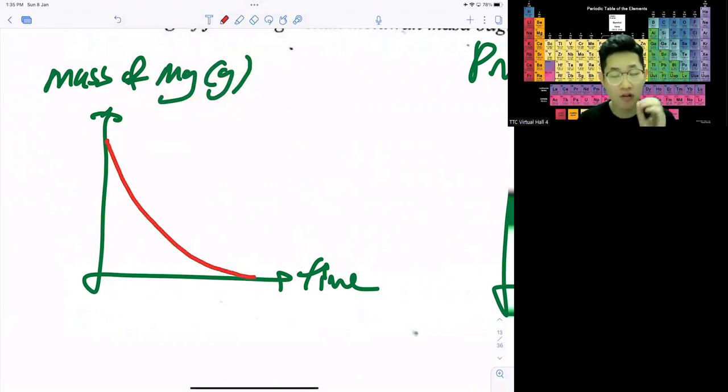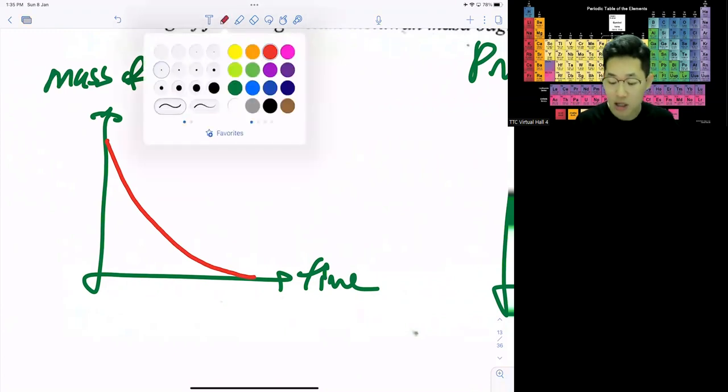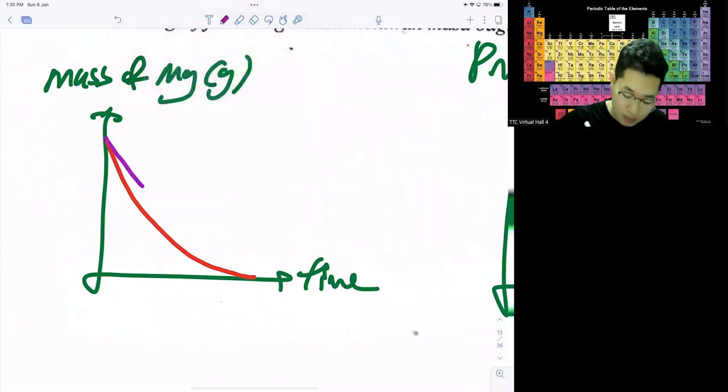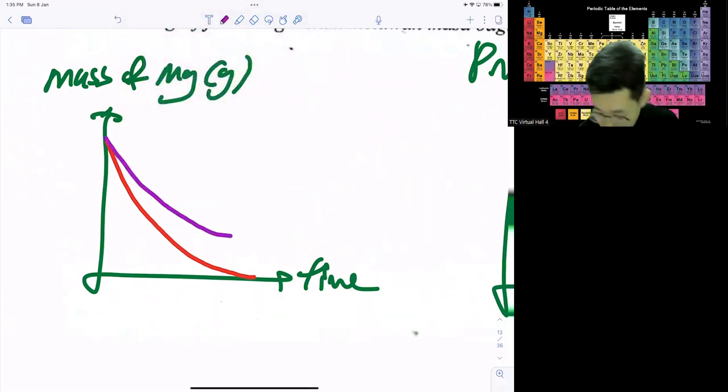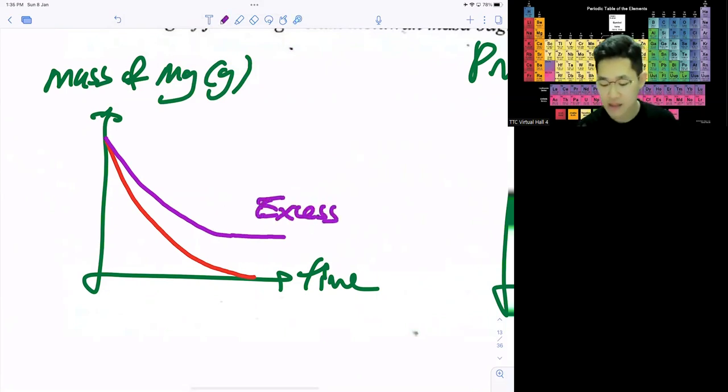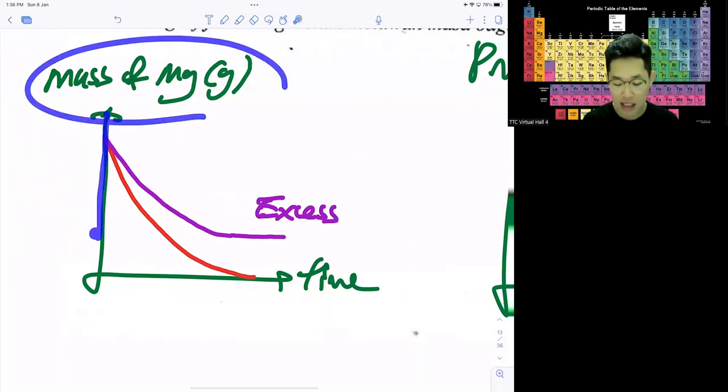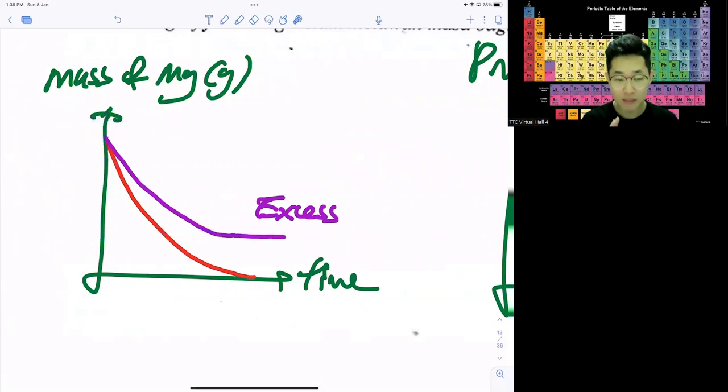And then don't forget, for reactant time graph, got two methods. It can go down straight to the x-axis, or above the x-axis. If it doesn't go to the x-axis, means it is in excess. That means it is not finished yet. My Mg is not used up, it only drops to here, haven't used up. If it goes down to 0, means all used up.